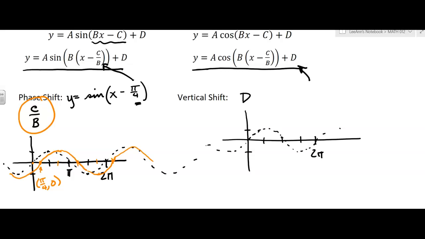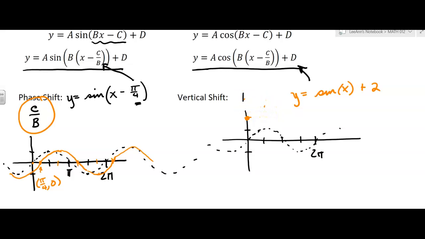Okay. Now, if I had y equals sine x plus 2, well then I would just take the whole curve and shift it up 2. So I'd start here, ignore that other dot I drew. Okay. And then my point at 1 would go up to 3.